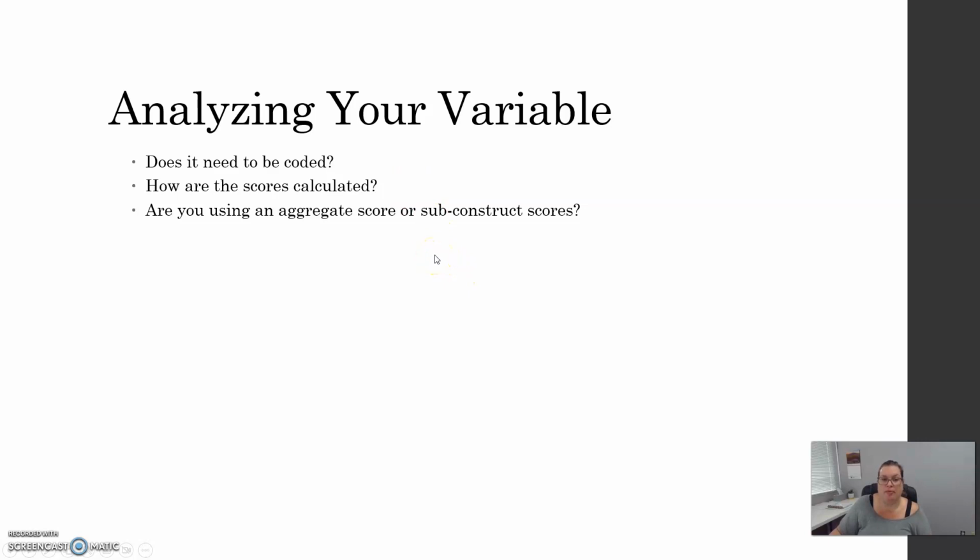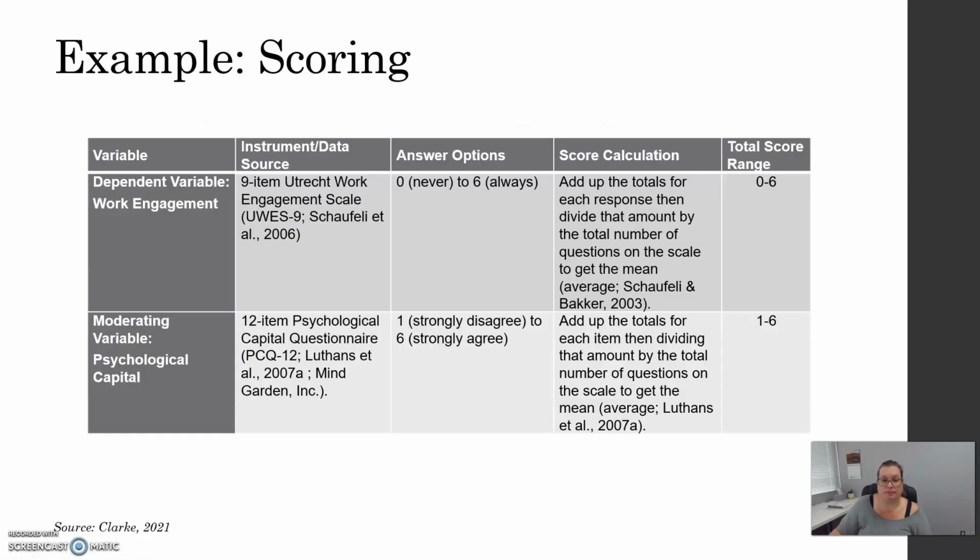So those are things to think about when you're analyzing your data. Let me show you a couple more examples on the scoring. Again, these are how I defined things in my study. In addition to a written narrative, these tables were included. For the two instruments that required scoring, this table was included in my study. For work engagement, I used the 9-item U-Check work engagement scale.